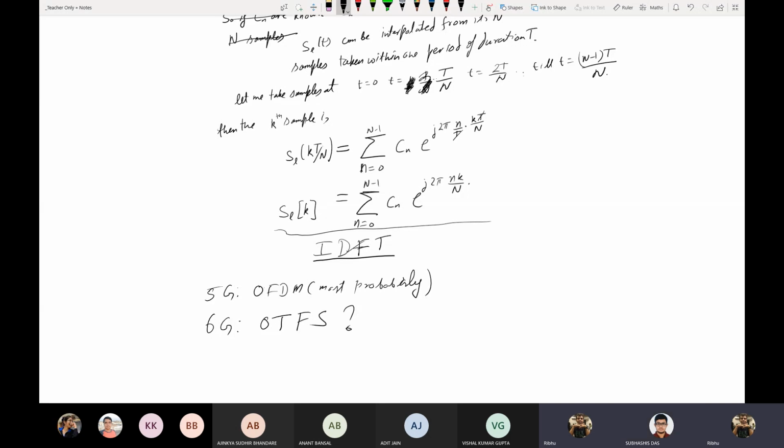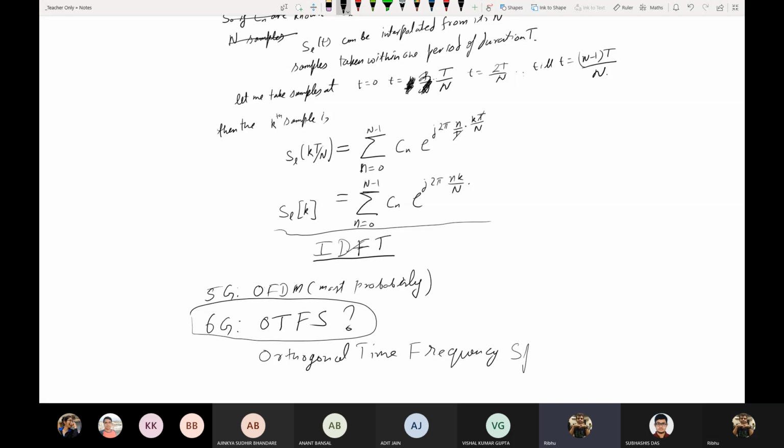OTFS is one of the contenders for 6G, a primary candidate. 6G is still more than 10 years away, and a lot will change in that time. But these days, OTFS is a hot topic for research.